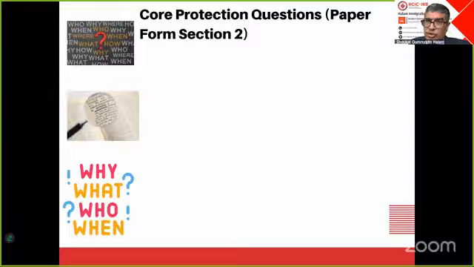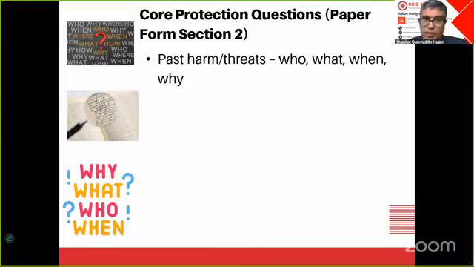Core protection questions, that would be the second part. In this part, you will be mentioning what past harm you faced or which kind of threat and danger you are having, who is involved in this, what happened when that event took place, and why that happened with you.